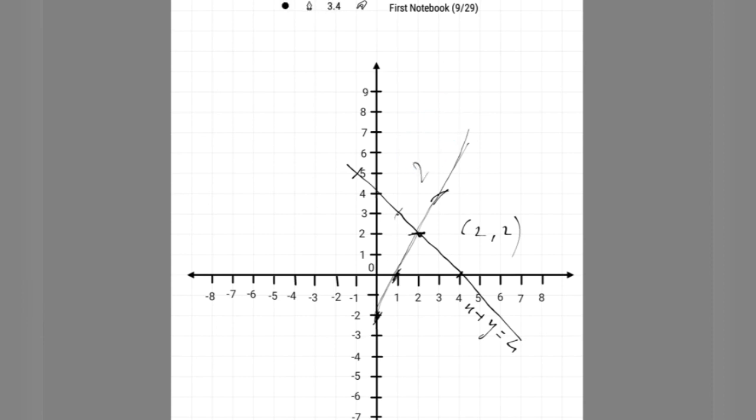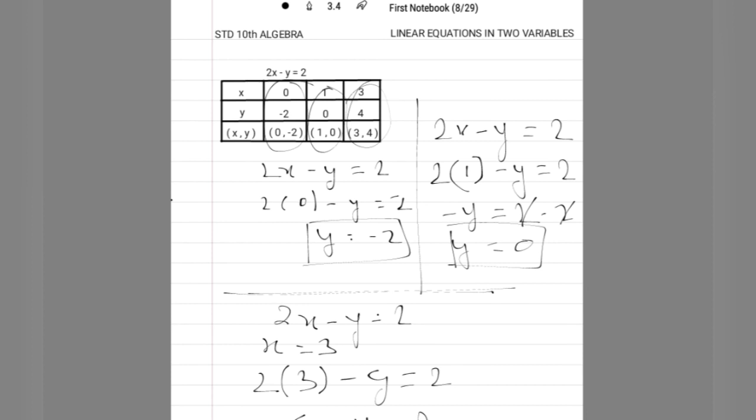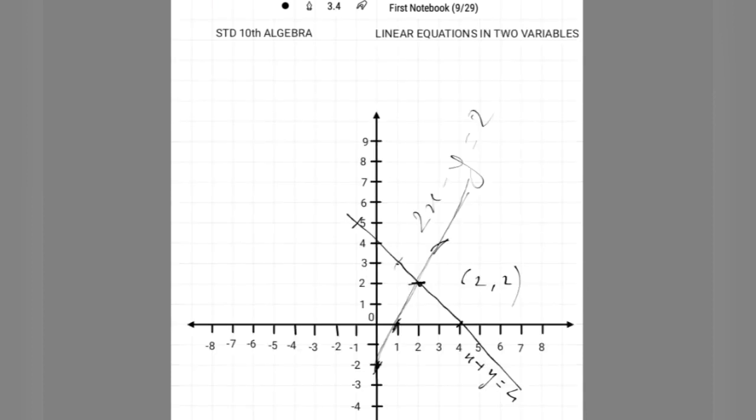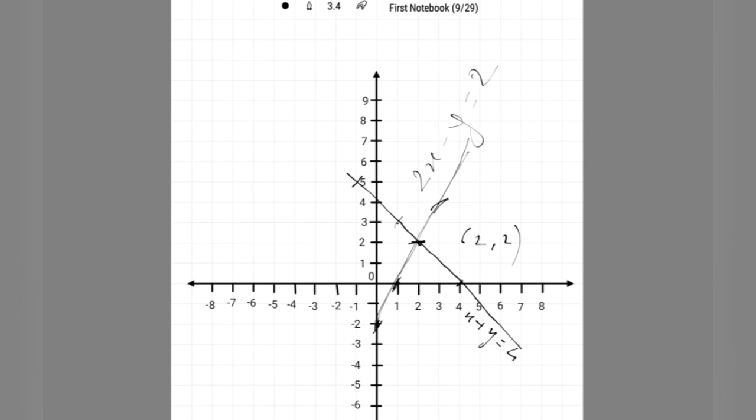So this is the line 2x minus y is equal to 2. So this is the given equation, and we get its intersection point as 2 comma 2.